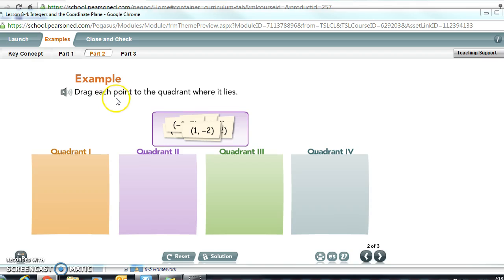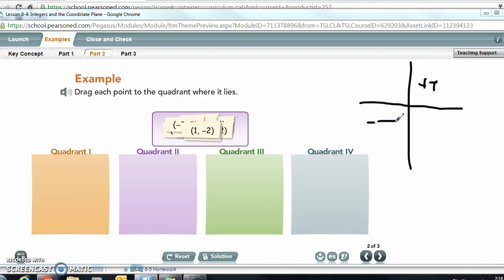So they want us to drag each point to the quadrant where it lies. Now, if you're anything like me, you might need a visual. So if this is my coordinate plane, we just said that these two would be positive, and these two would be negative. Up here we would have a negative and a positive, and down here would be a positive and a negative. So if I have a positive and then a negative number, that's going to go in quadrant 4, because that's a positive and a negative.